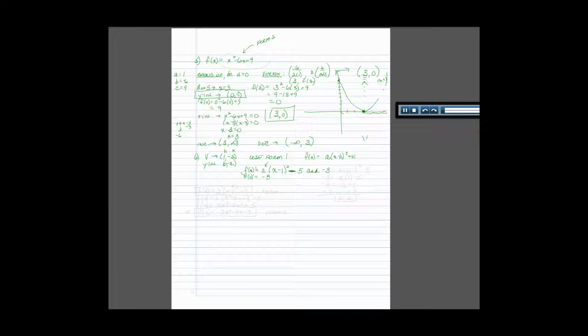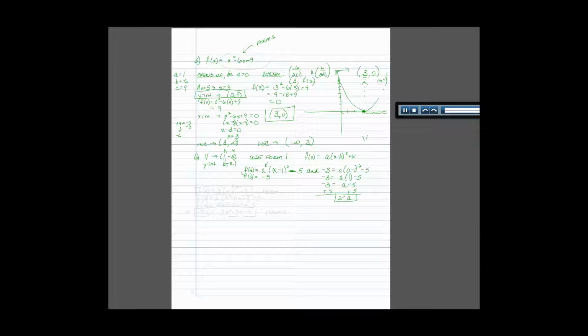So negative 3 equals some a times our x, which is 0, minus 1 squared, minus 5. And now I can solve for a. So negative 3 equals a times 1 minus 5, or negative 3 equals 1a minus 5. And we know now that a is 2.